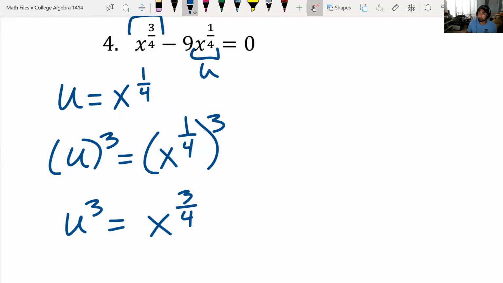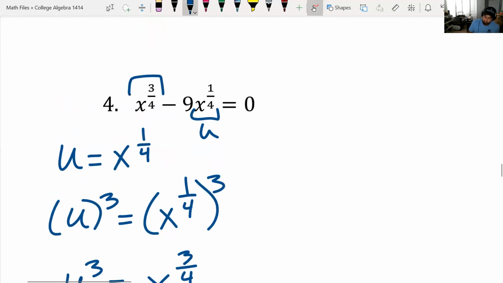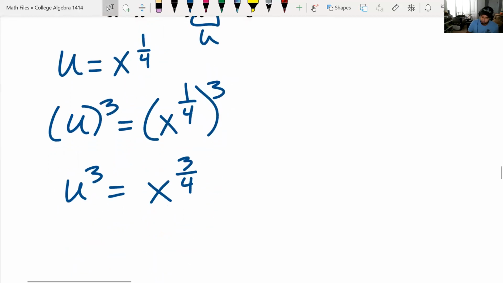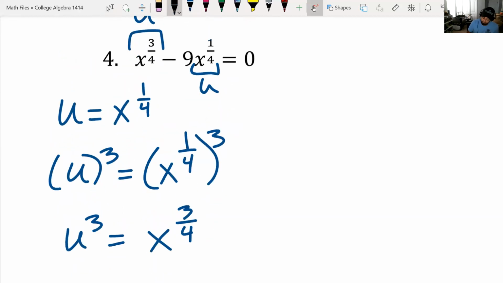Look at that, which covers the leading term. So now this is covered by u cubed. So when you're making these substitutions, we're getting to do what we want as long as it makes sense mathematically. We can make substitutions all day for things, but they have to make sense at the end.